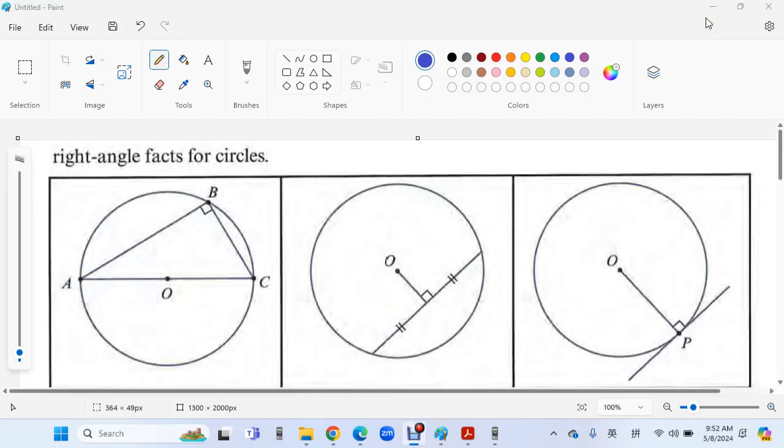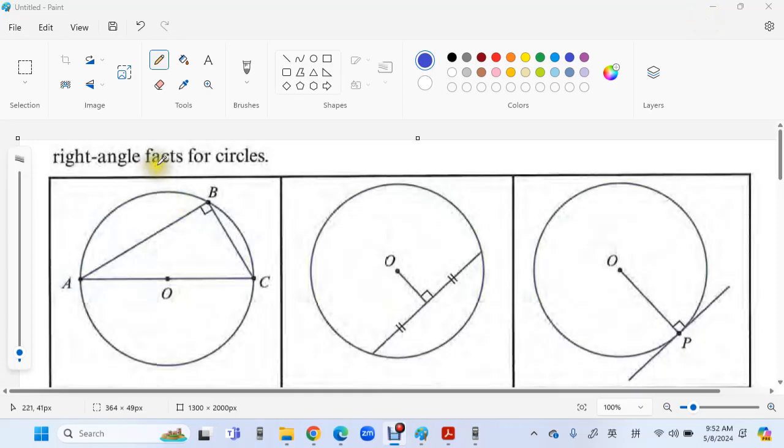Over here, we look at three right angle effects for circle. So the first one is if we have a circle and then we have a diameter.